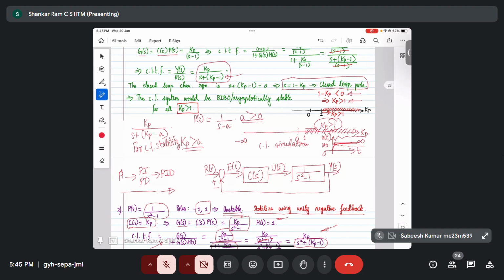I just referred to another book wherein if I have a PID controller, the control signal u of t is given by K into e of t plus K divided by Ti times the integral from 0 to t of e of t dt plus K into Td de by dt.